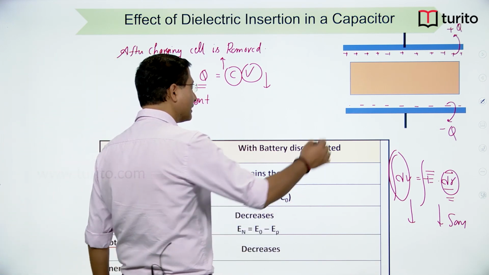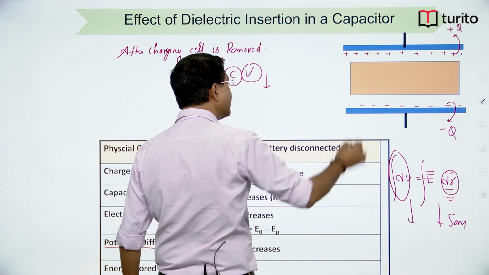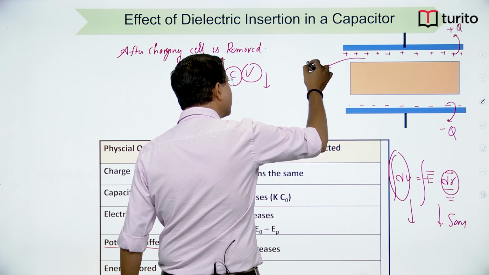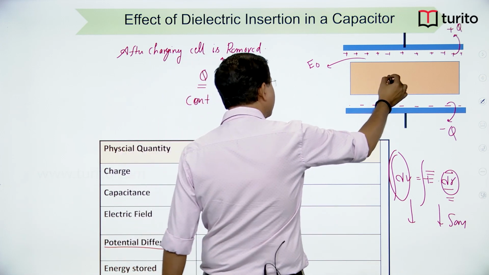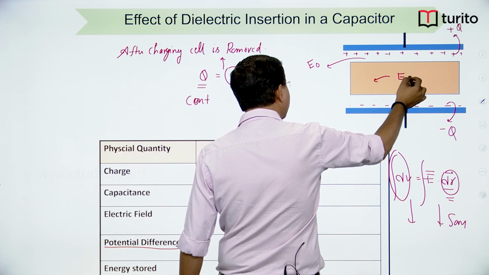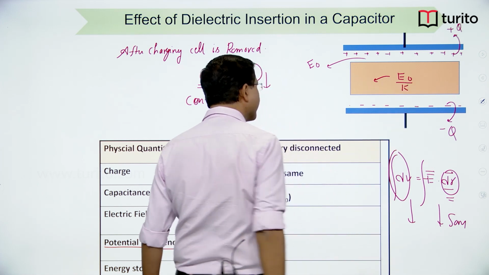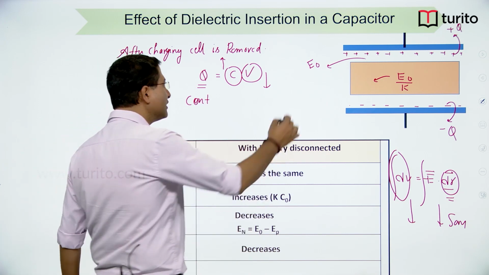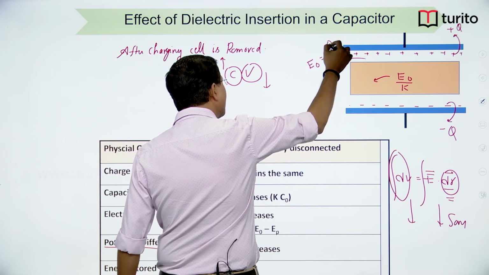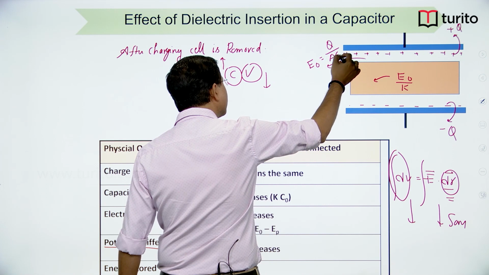You can extend another logic. See, here field is E naught and the field inside will become E naught by K, right. So, this E naught is not going to change because that E naught is Q upon A epsilon naught.